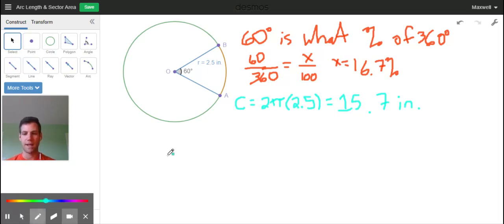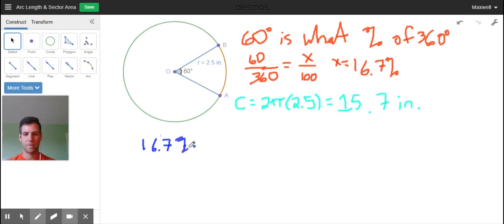So in order to get my answer, all I need to do now is find 16.7% of our circumference of 15.7.